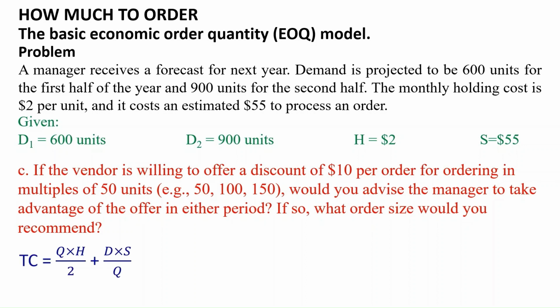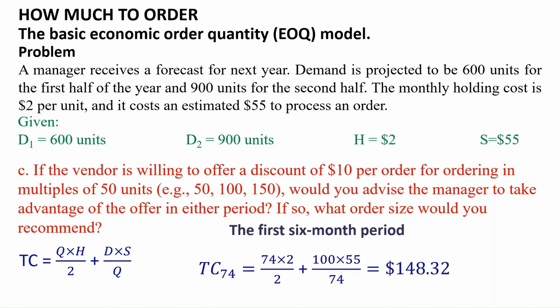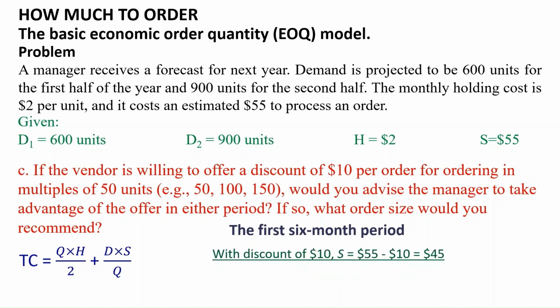Generally, the total cost TC equals Q multiplied by H divided by 2 plus D multiplied by S divided by Q. For the first 6-month period, the monthly total cost corresponding to Q0 equals 74 is TC 74 equals 74 multiplied by 2 divided by 2 plus 100 multiplied by 55 divided by 74 equals $148.32. With discount of $10, S equals $55 minus $10 equals $45.